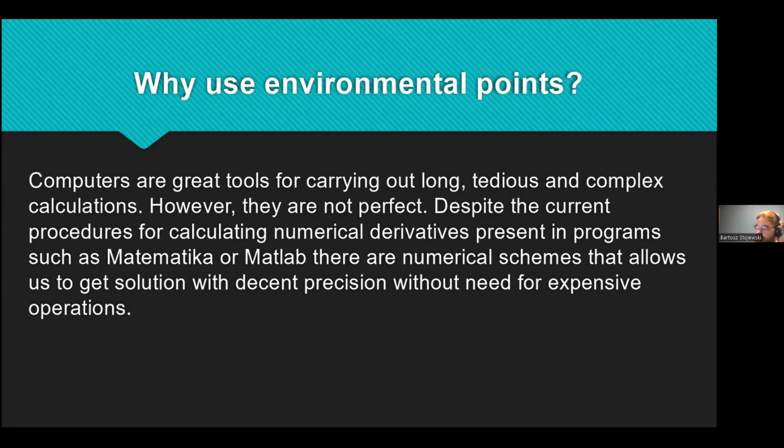Possible solutions to this problem are numerical methods that replace computationally expensive operations with simple operations, such as addition or multiplication. Despite the current procedures for calculating numerical derivatives present in programs such as Mathematica or MATLAB, there are numerical schemes that allow us to get a solution with decent precision without the need for expensive operations.